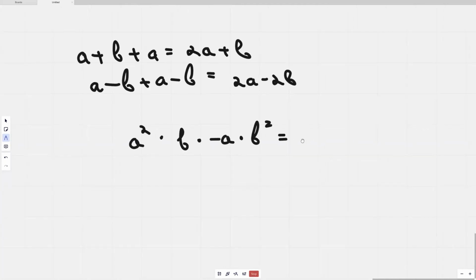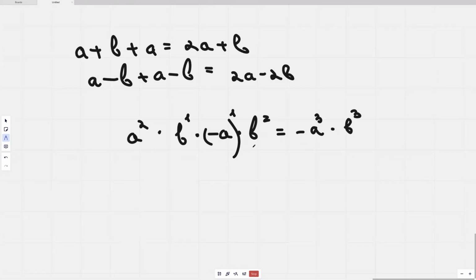In that case, if you say there are not any common things, you will be very wrong, because in multiplication, the a should be multiplied, because we are only working with powers, like first power and first power, and this will give us negative a cubed, and b to the first and b squared gives us b cubed.